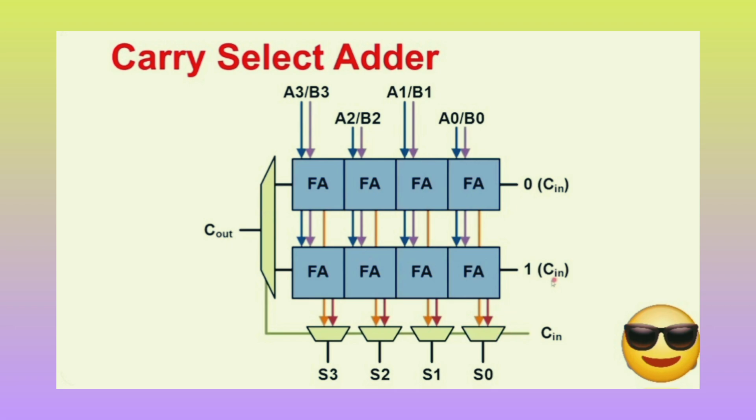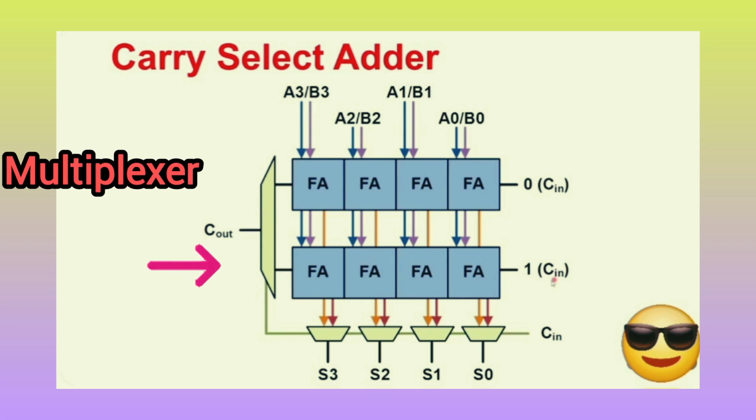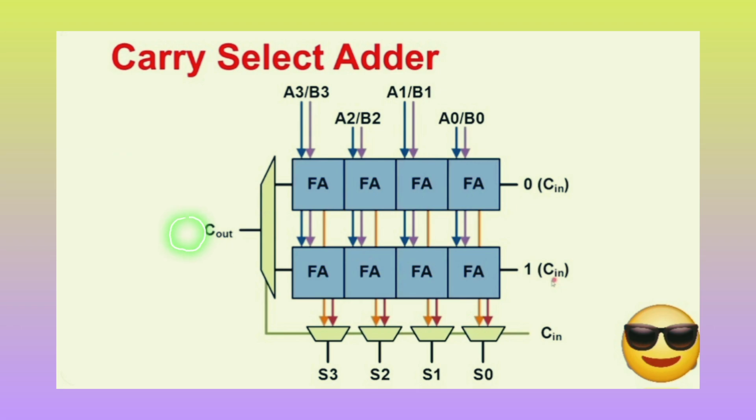The actual Cin signal shown on the green horizontal line at the bottom is the select line fed to all four multiplexers simultaneously. On the left side, a single large multiplexer selects the final Cout, again choosing between the carry output of the top row and the carry output of the bottom row, controlled by the same actual Cin.